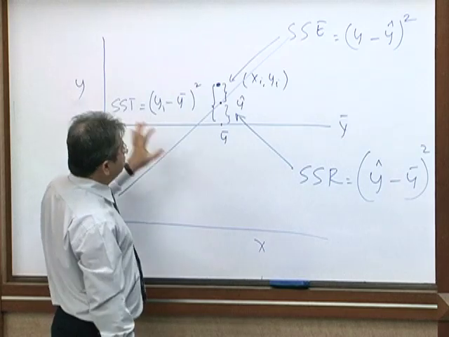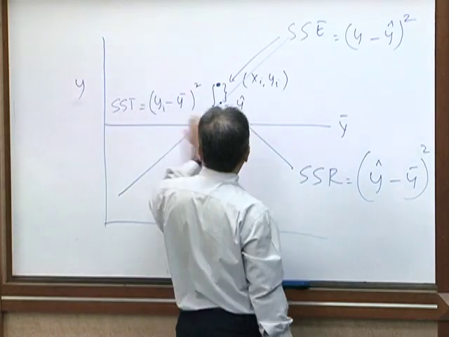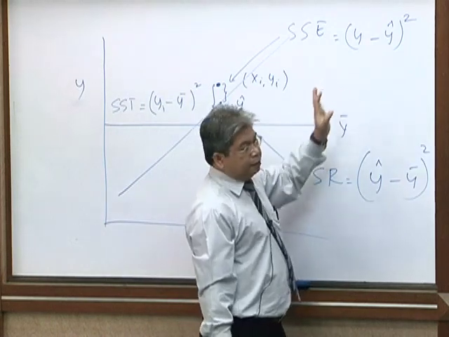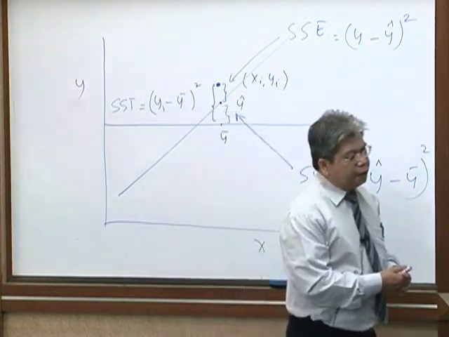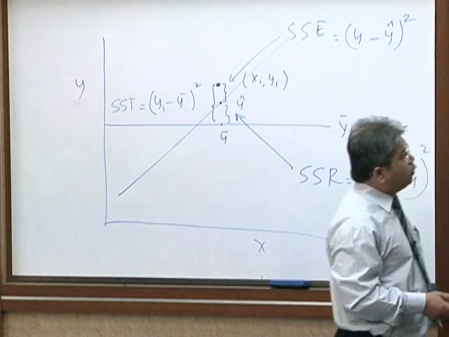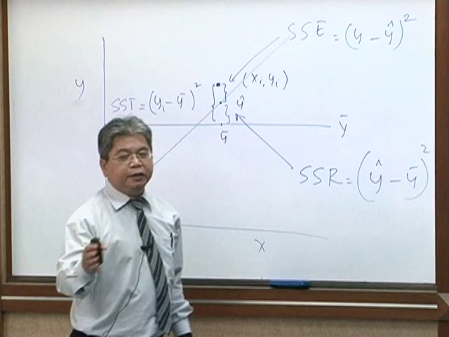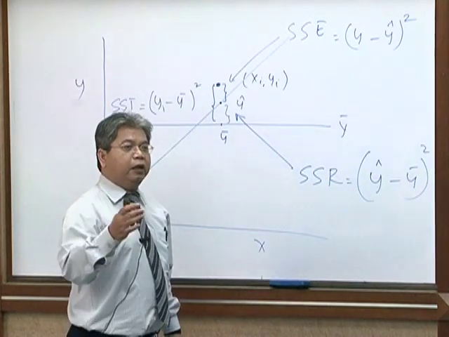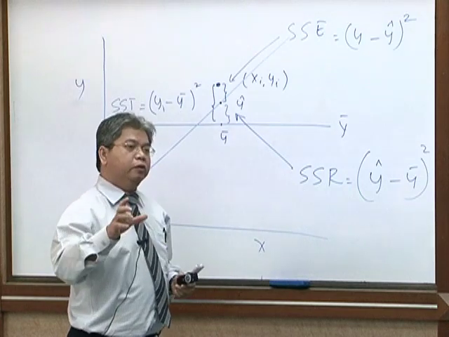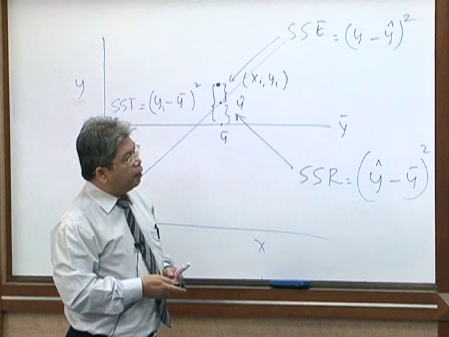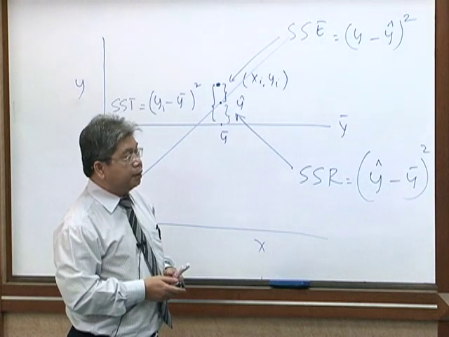So we have 3 terms of variance here, SST, SSR, and SSE. As I mentioned just now, the good thing about variance is that we can add up variances. We can sum up 2 or more variance terms like this.